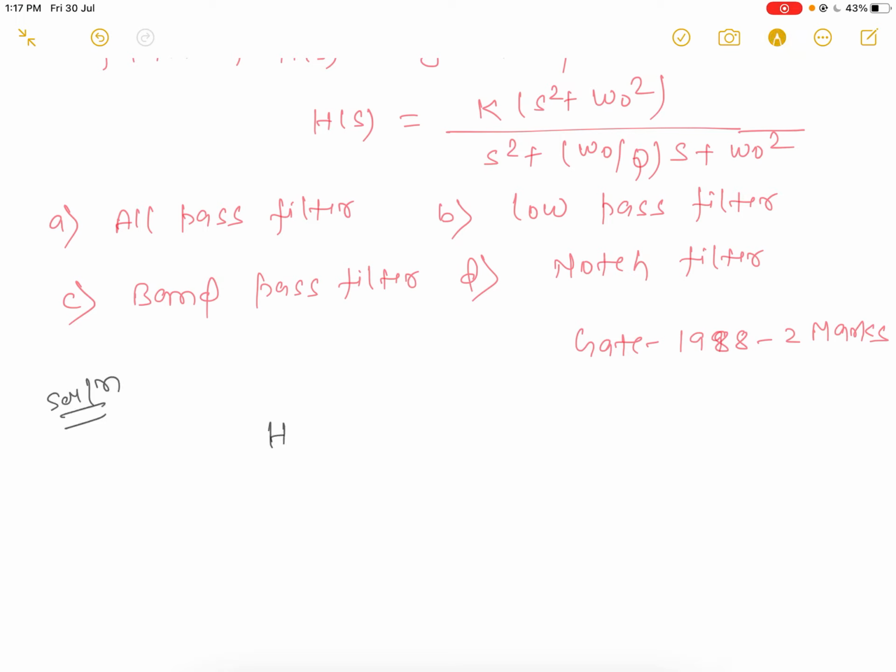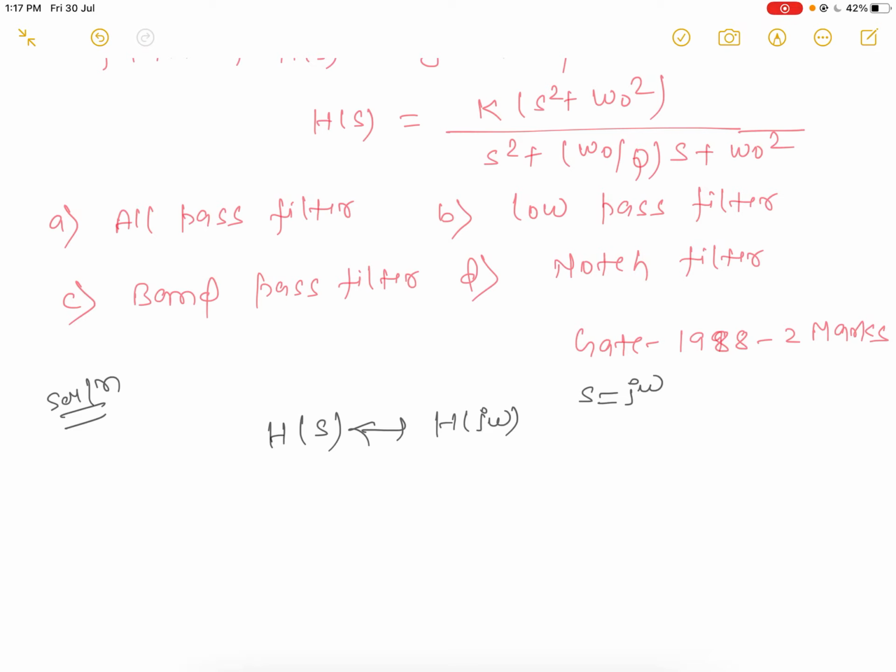For the transfer function H(s), first convert it into the frequency domain by putting s equal to j omega. Now check for which frequency your transfer function is constant or some value, and where it is 0.